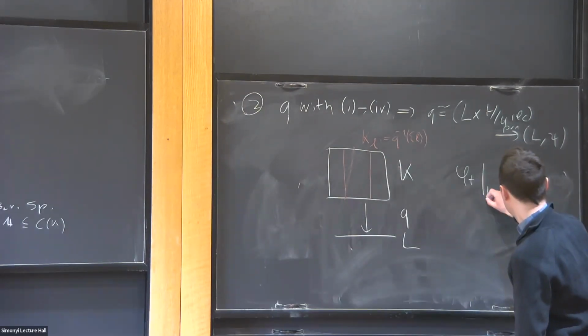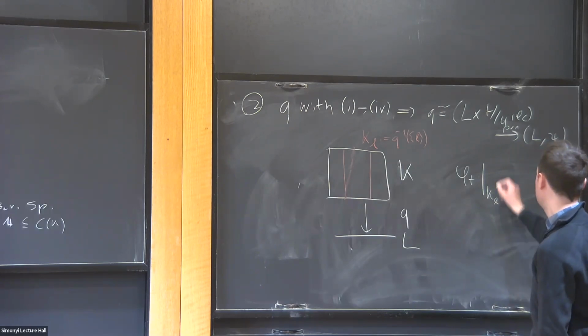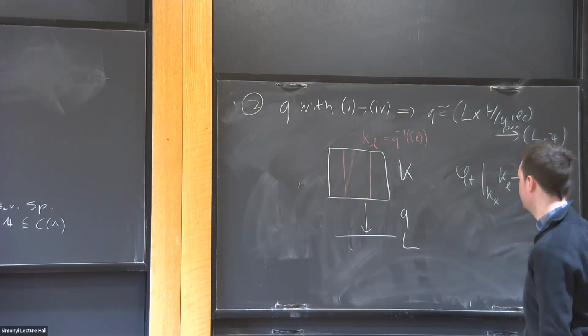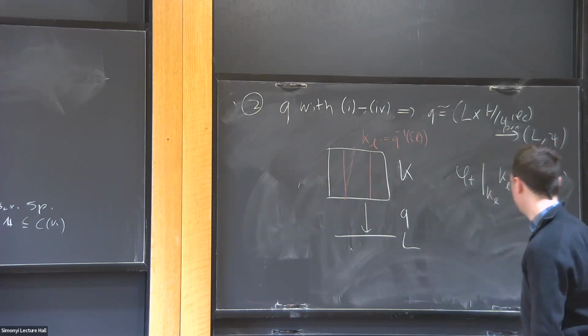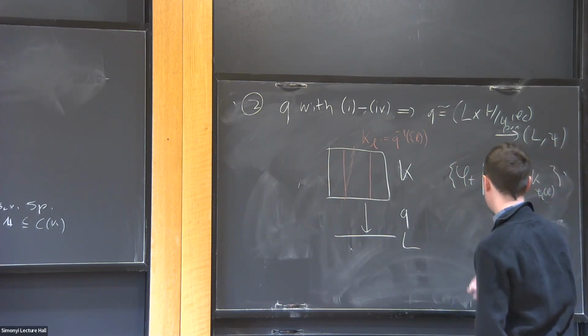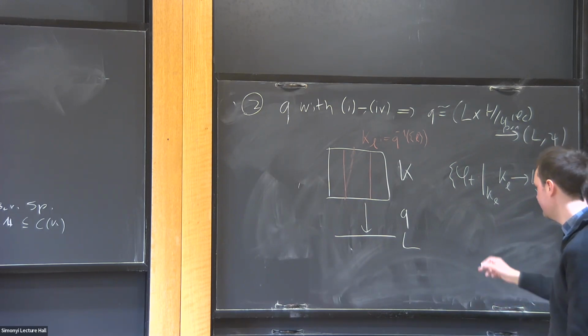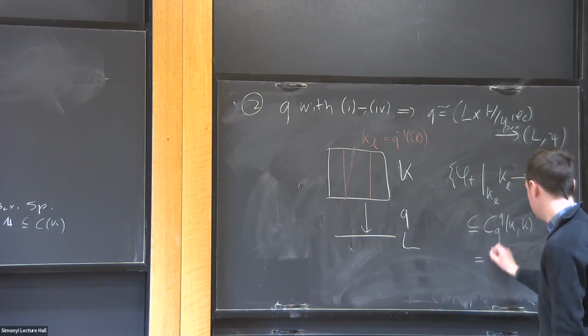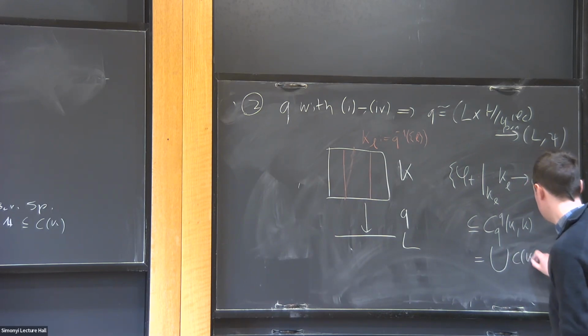So I will restrict this to a fiber, and then it goes from the fiber to another fiber, which is just the fiber over the corresponding point moved here in L. I will look at this set, and what structure does this set have? Well, it is contained in the space of all continuous fiber maps, as we call them. This is just the disjoint union of all spaces C(K_l, K_l tilde).